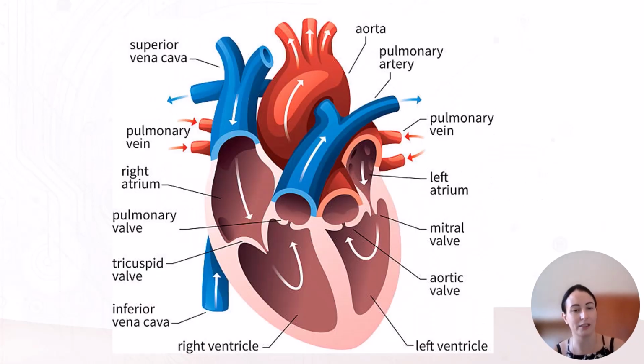Let's have a look at this diagram. Let me just point. If we're looking at the heart over here, I want to make it quite clear that this would be the right hand side of the heart and this would be the left hand side of the heart, because it's switched around.